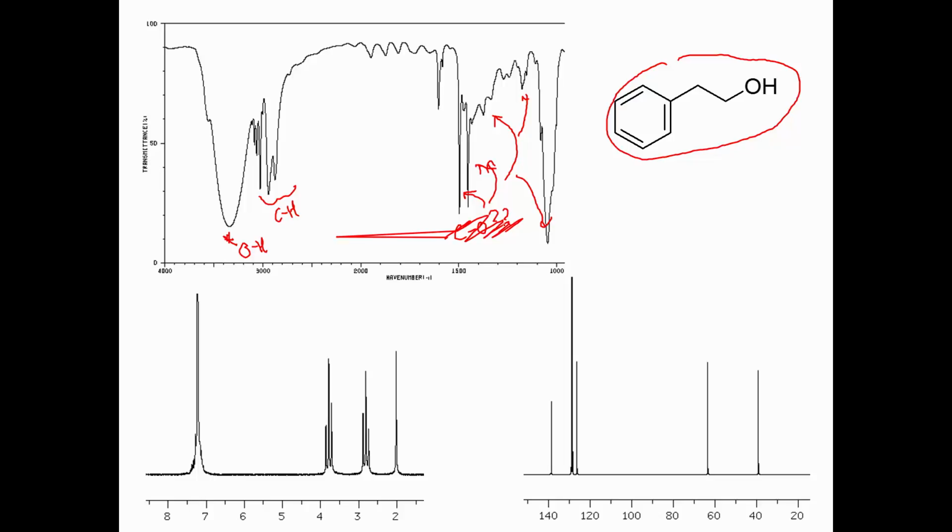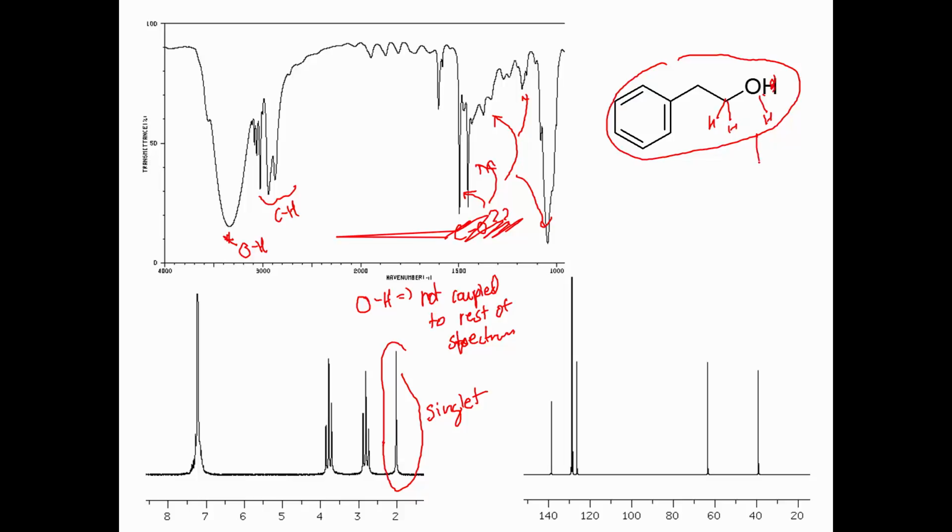All right, let's look at now the proton NMR. Most of the time what you're going to see is that the OH proton is not coupled to the rest of the spectrum. Okay, so this is the OH group right here, and it's occurring as a singlet, even though the spacing between here and here is only 3 bonds.